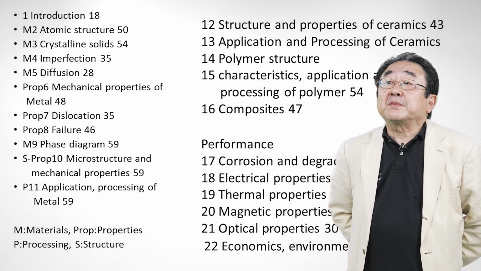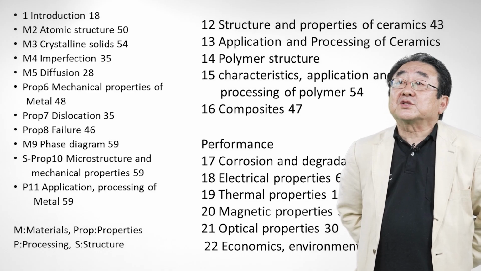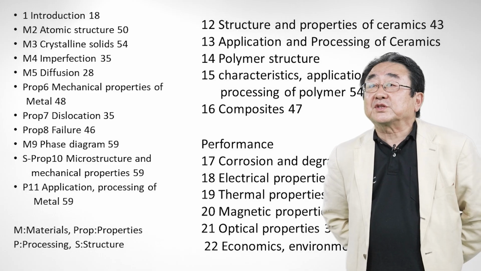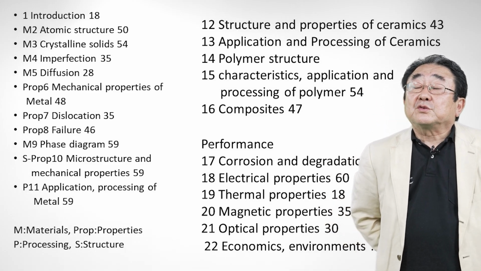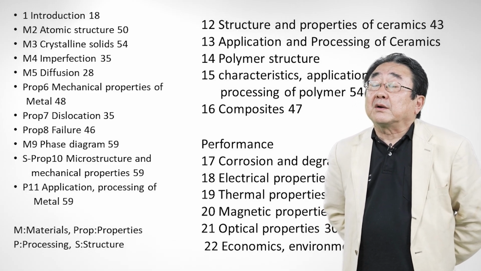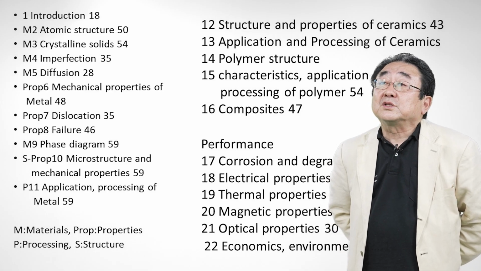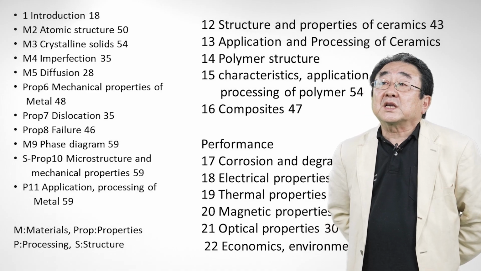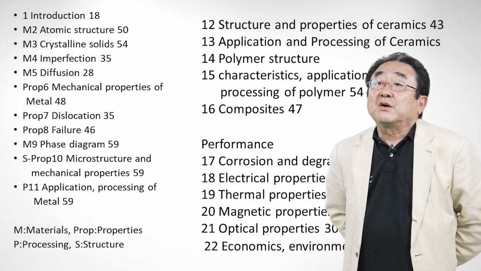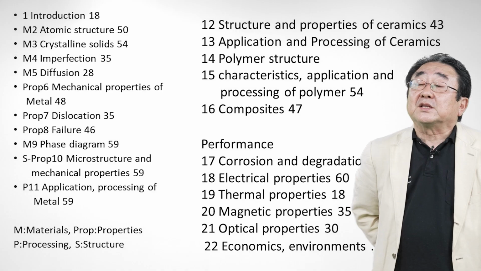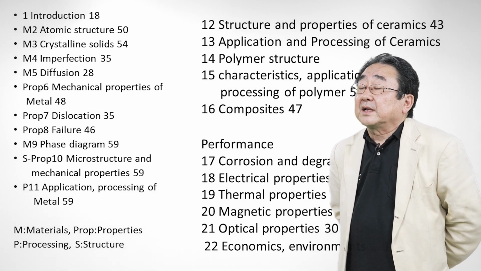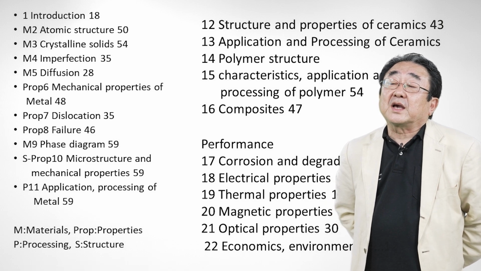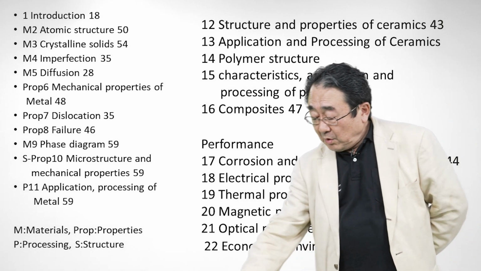And in the ceramic case, the structure, the properties, and application as performance, and processing. So these 4 keywords are included in chapters 12, 13. And in the case of the polymer, it is also the same. In 14, 15, these 4 keywords are included. In the composite material case, only chapter 16.